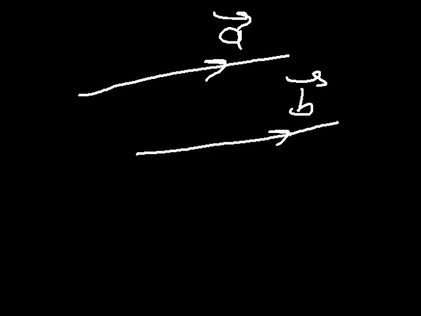In the same way we discussed parallel lines, it is the same way the vectors have to be expressed as well. Parallel vectors never meet. So vector A as well as vector B are said to be parallel vectors.